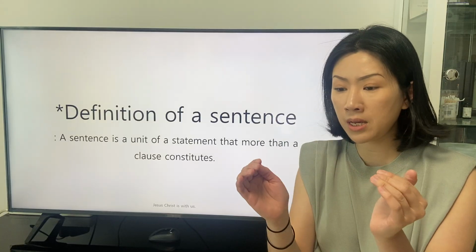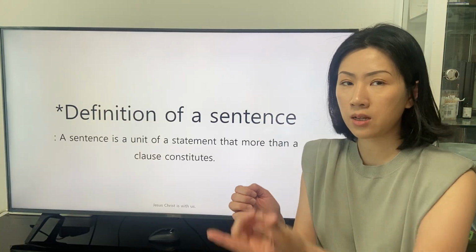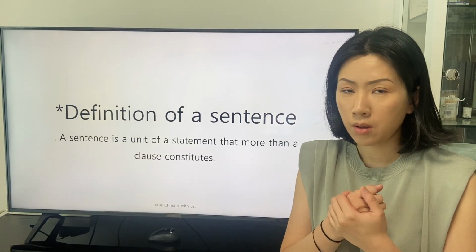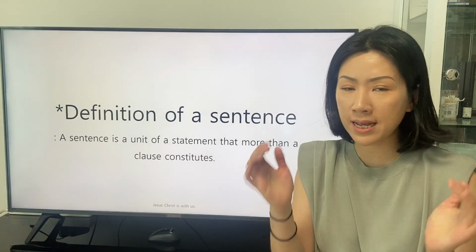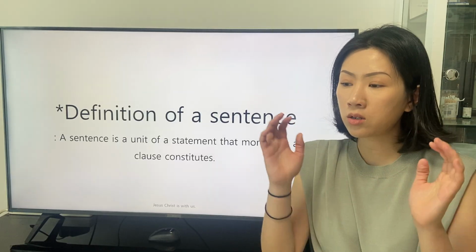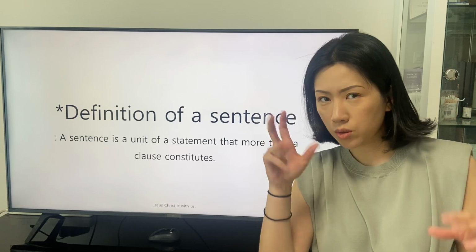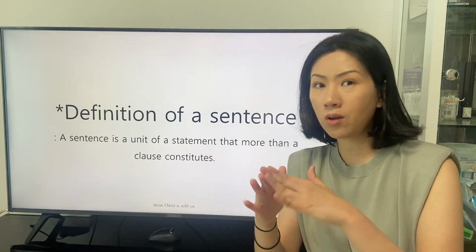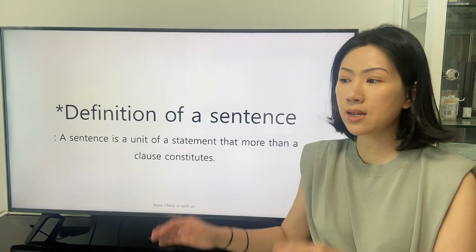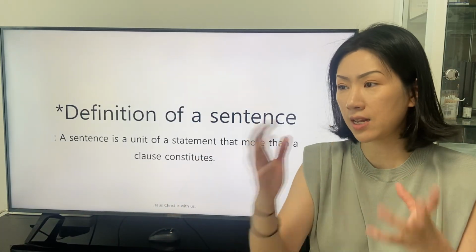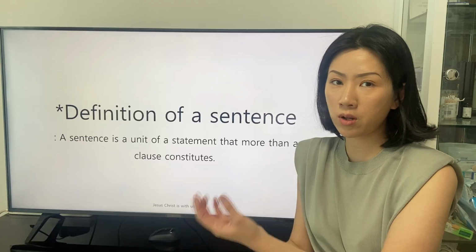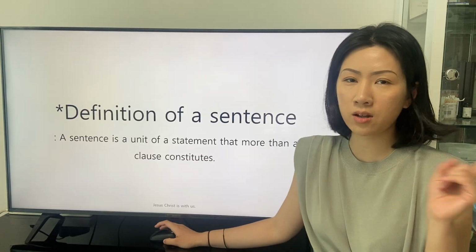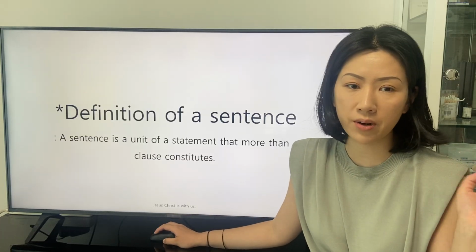A clause can be called as a sentence as the most basic unit. The combination of clauses, more than two, can form a sentence. So we can say that the most basic unit of a sentence is able to be constituted with only a clause.